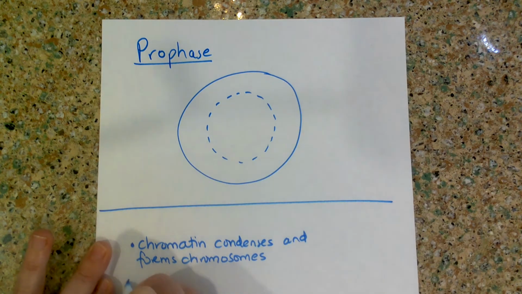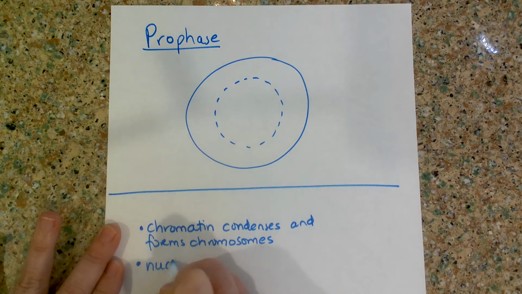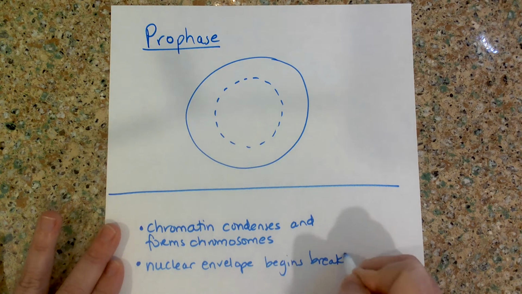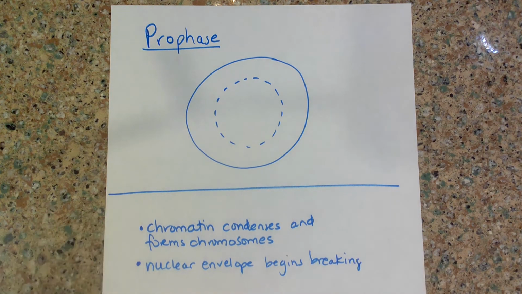So that's another little bullet. The nuclear envelope begins breaking down, because the whole premise of your mitosis is division of the nucleus. So we got to get to these chromosomes. So this, I mean, if this was a separation, this would be the money. This would be the big stuff, okay?